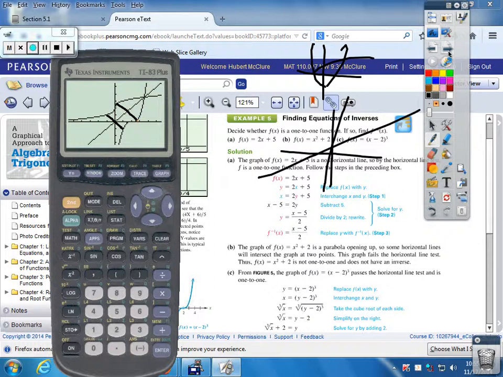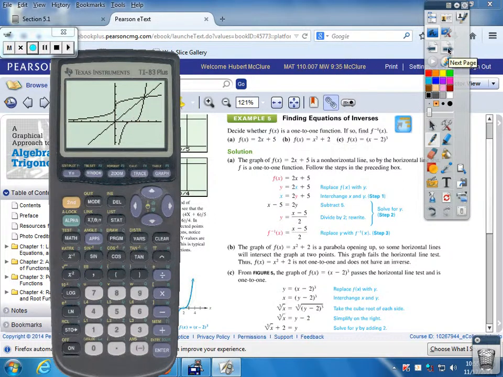And one other trick, if you were to graph these separately, is this a one-to-one function? Yes. Is this a one-to-one function? Yes, so they're both one-to-one.